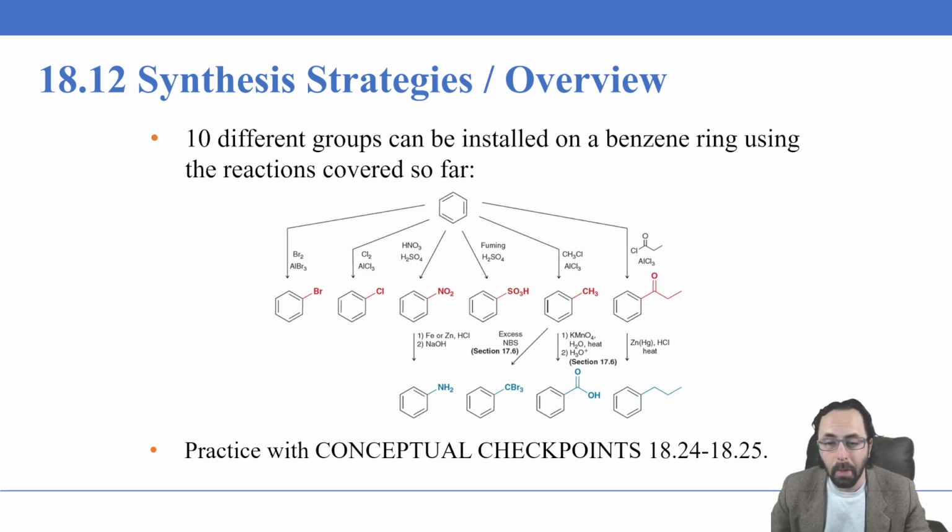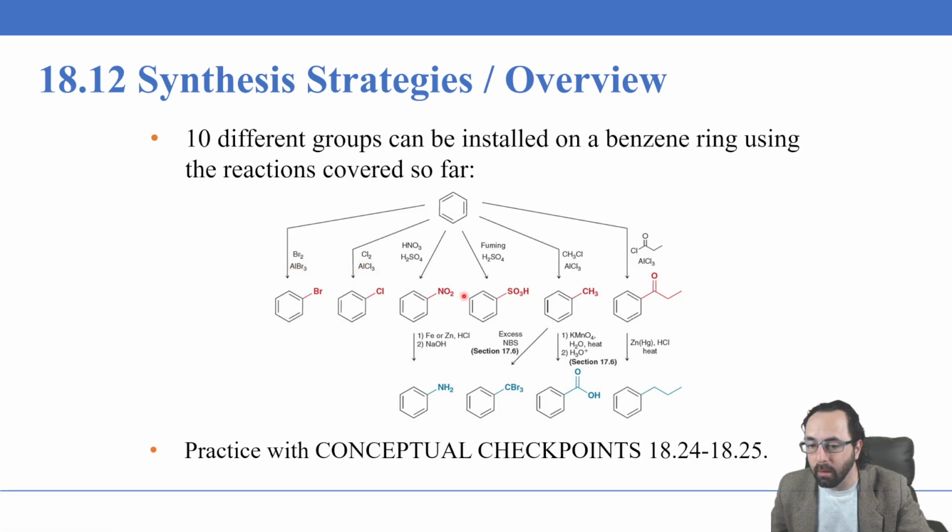So far we've learned about a number of electrophilic aromatic substitution reactions that can install a variety of groups on a benzene ring. These include the reaction of halogens in the presence of a catalyst such as aluminum tribromide or aluminum trichloride.